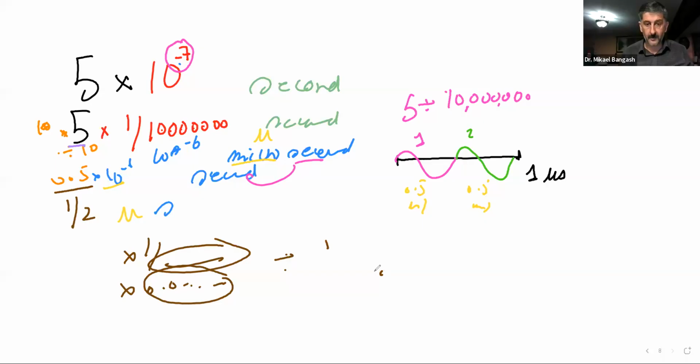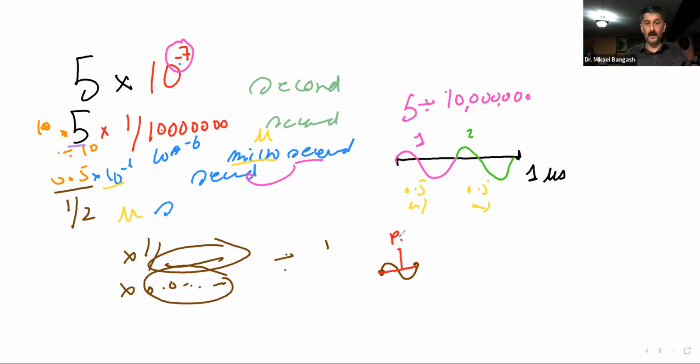We count from the point where that wave begins to where that wave ends. Clear. When we measure this in time, that becomes the period.